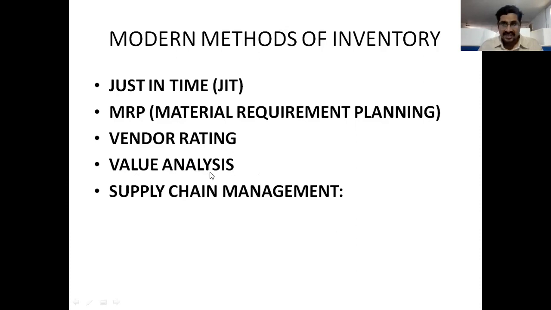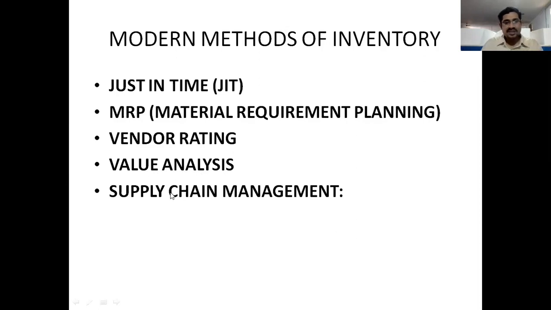Analysis means checking. So check the product qualities, check the product values. That is another modern method of inventory control, the value analysis. So check the qualities and values of a product, right?